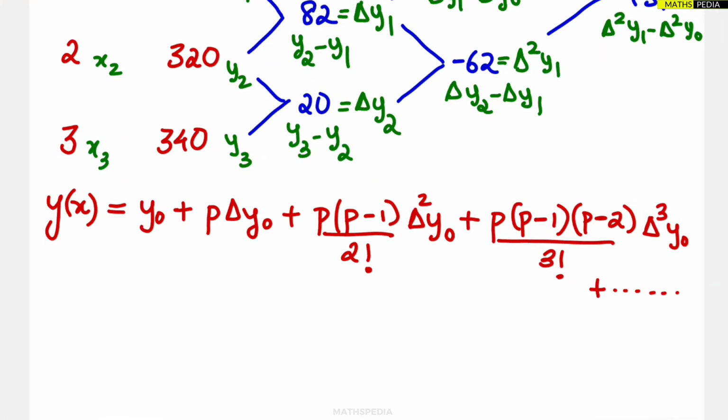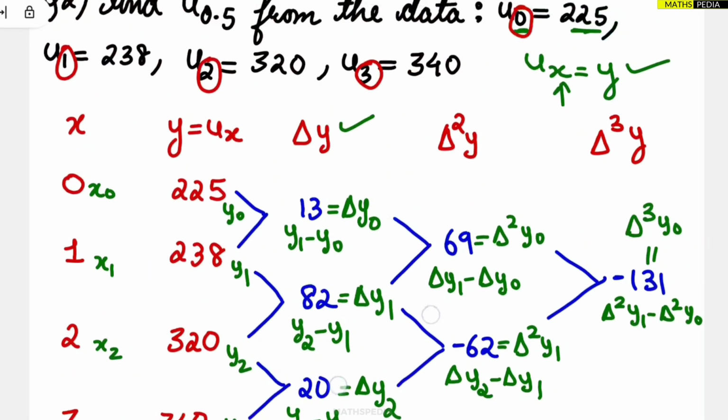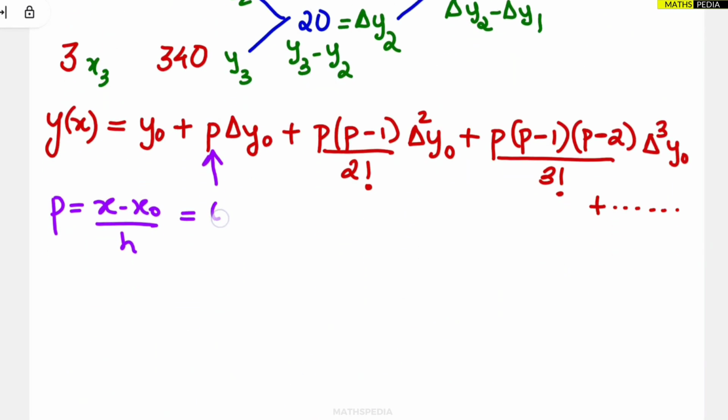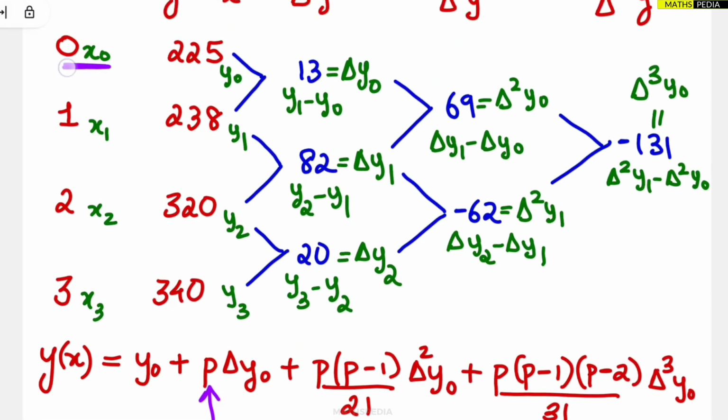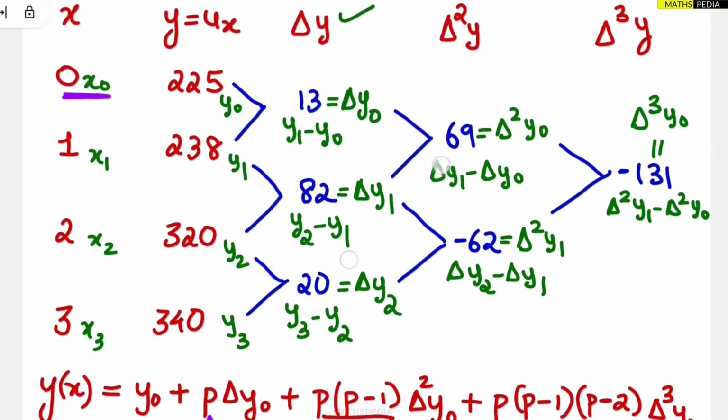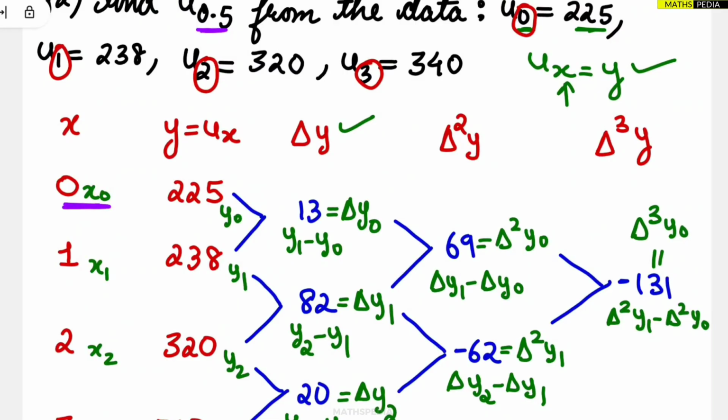So this is Newton's forward difference formula. In this we have to find the value of p also. What is p? p is basically x minus x0 divided by h. Now x is what they have asked in the question, which is 0.5, so we put 0.5 here, minus x0, the starting value, which is 0, divided by h. h is the step length, or the gap between the intervals in x.